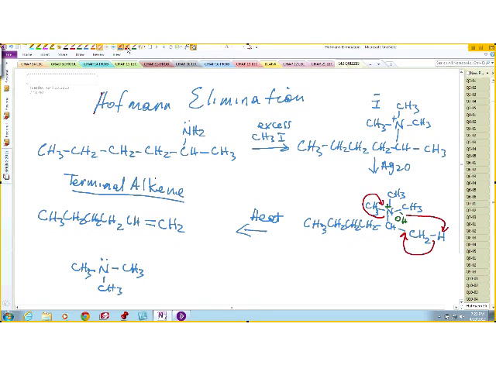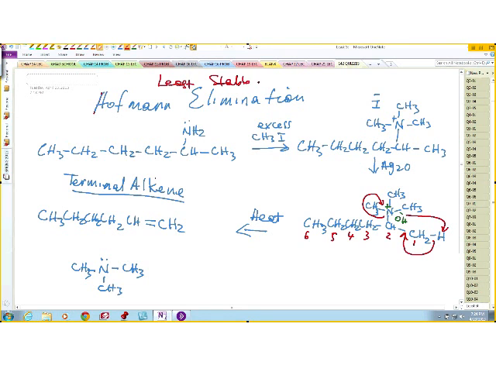Let us number these carbons: carbon 1, carbon 2, carbon 3, carbon 4, carbon 5, carbon 6. We have a possibility of making a new carbon-carbon bond between carbon 2 and 3, or carbon 1 and 2. But the Hoffman elimination will give you the least stable alkene.